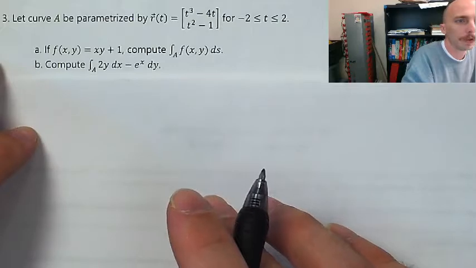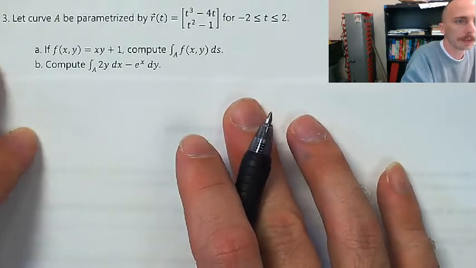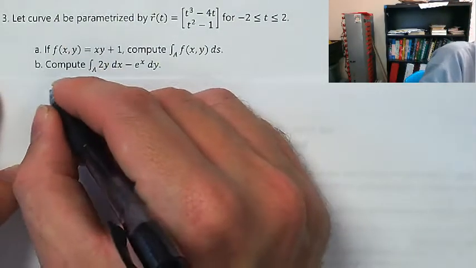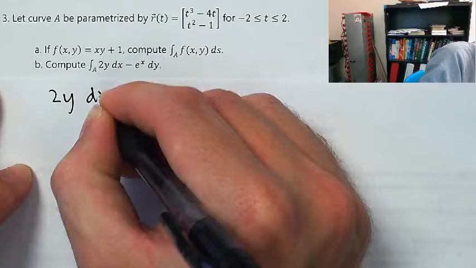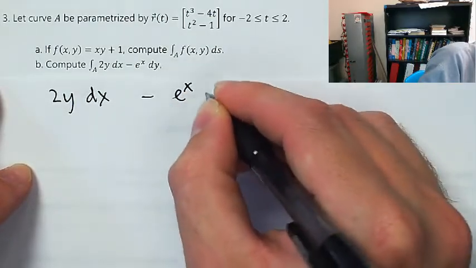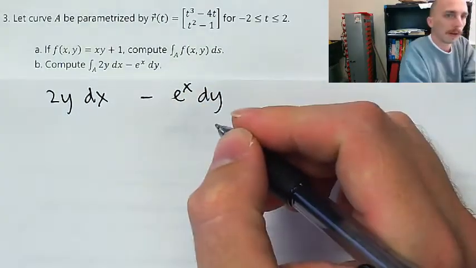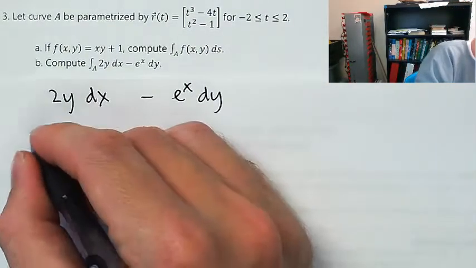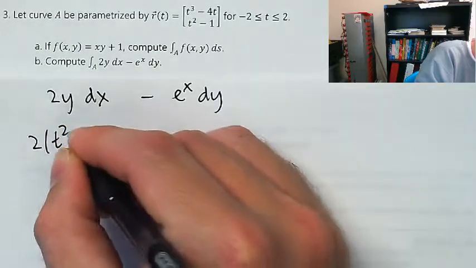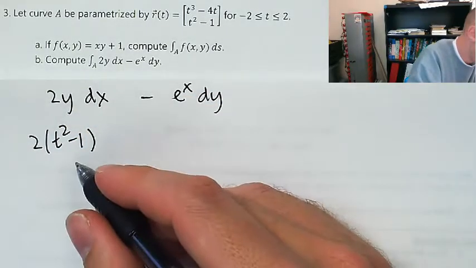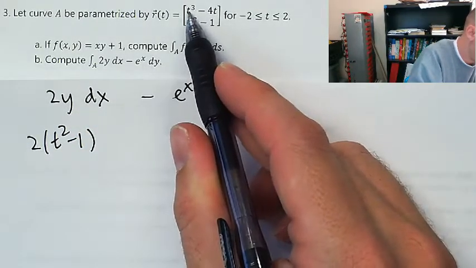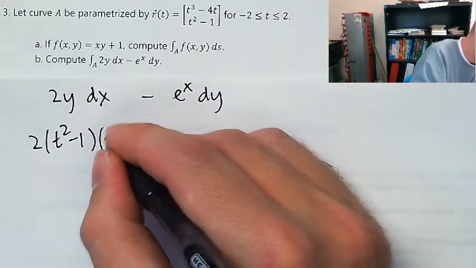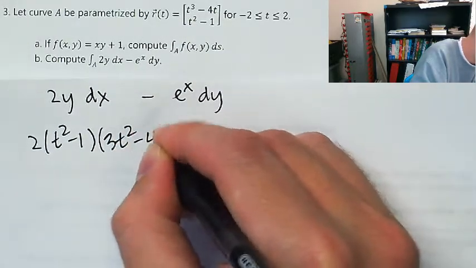Yeah. So 2y dx, right? 2y is that. Dx is x prime of t dt. So that's 3t squared minus 4.